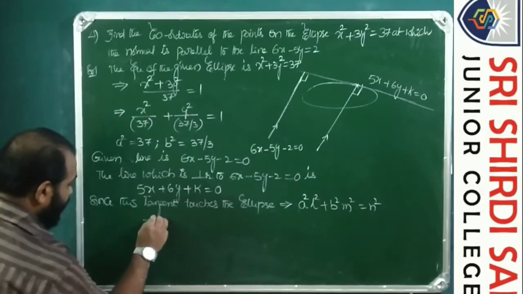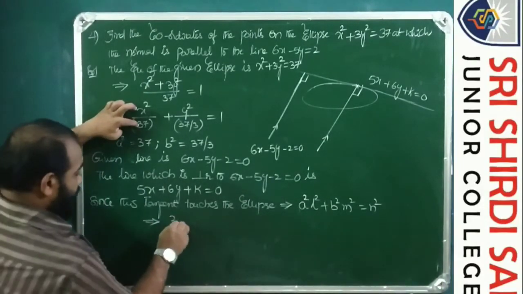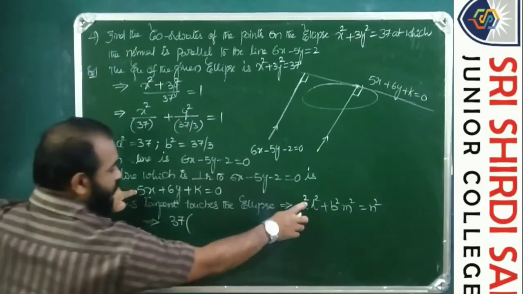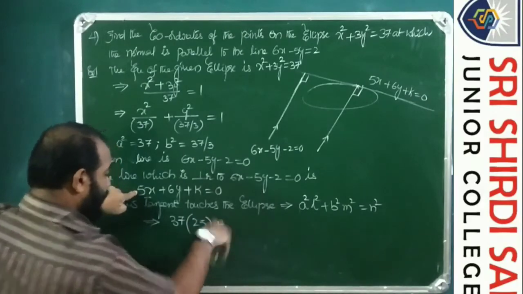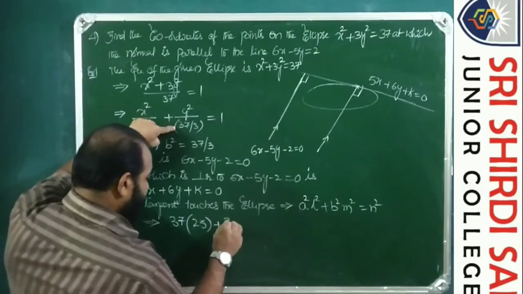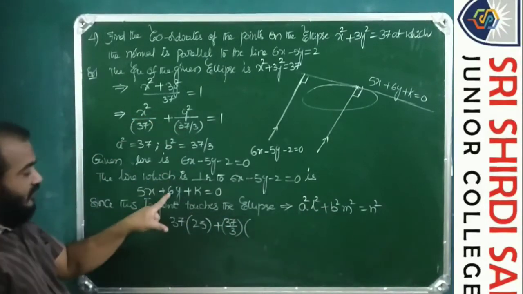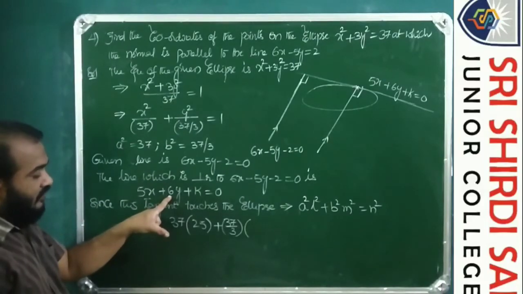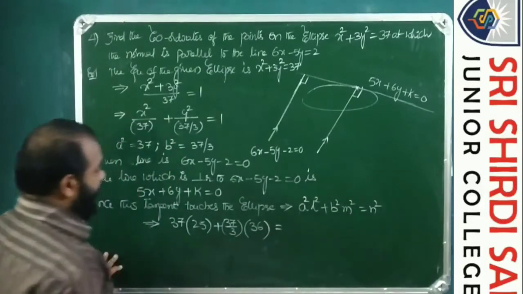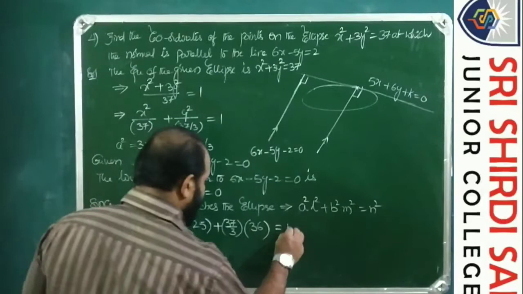Now here a square is equals to 37, l square, l is 5, so 5 square is 25, plus b square is 37 by 3 into m square, m is 6, 6 square is 36, equals to n square, n here is k square.